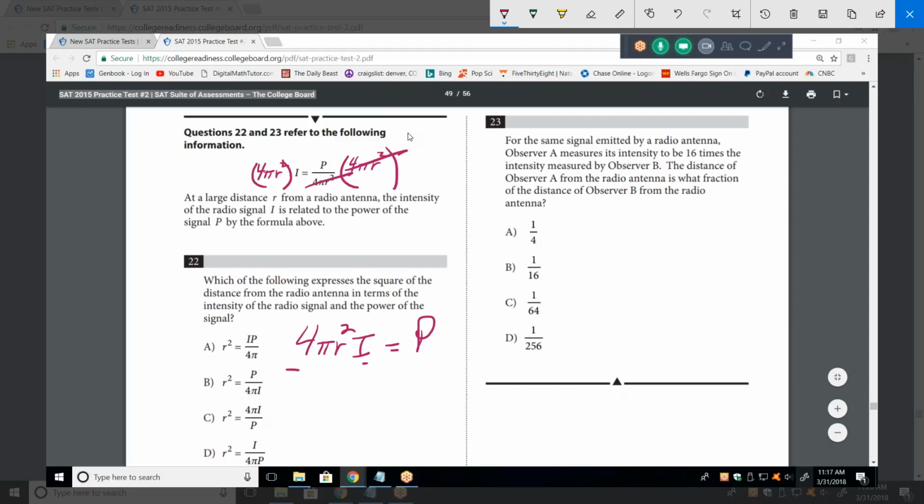I'm going to divide the entire left side by 4 pi I. Notice that will leave r squared. Well, now I've got to divide the entire right side by that same thing. And now that cancels with that, and I'm left with r squared equals p over 4 pi I.